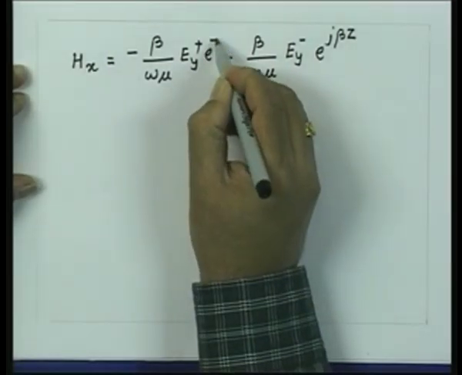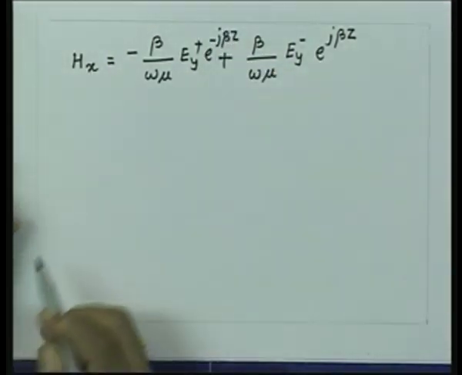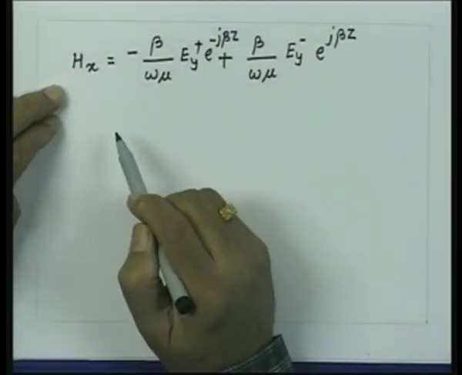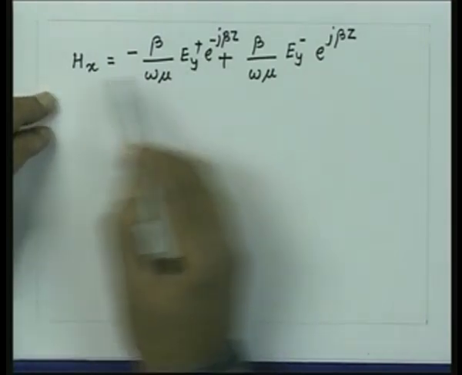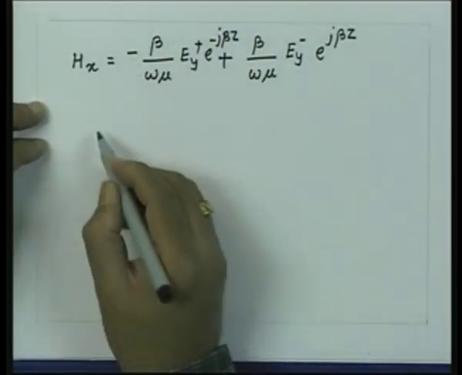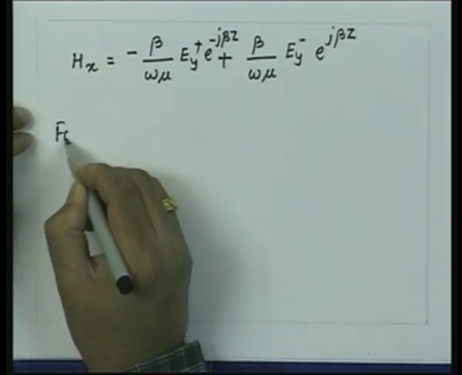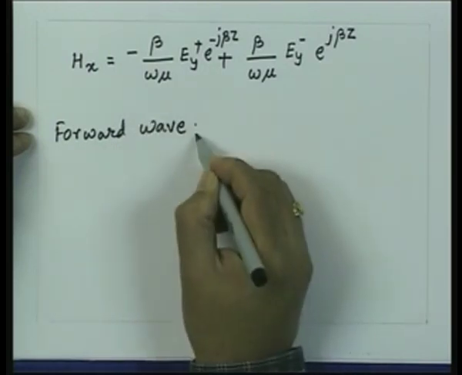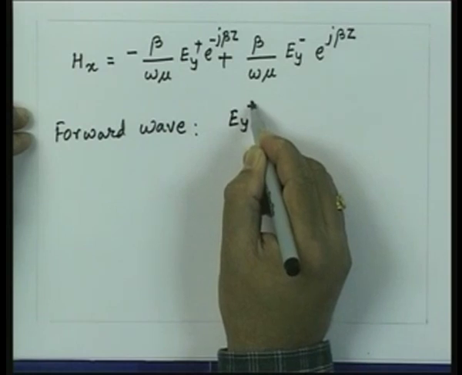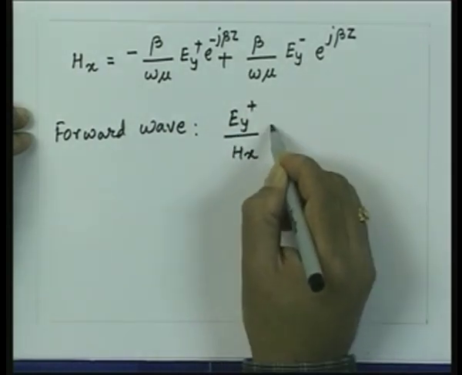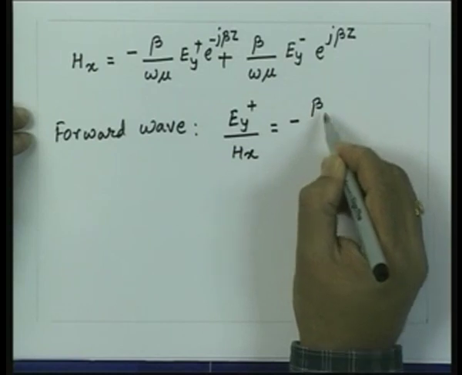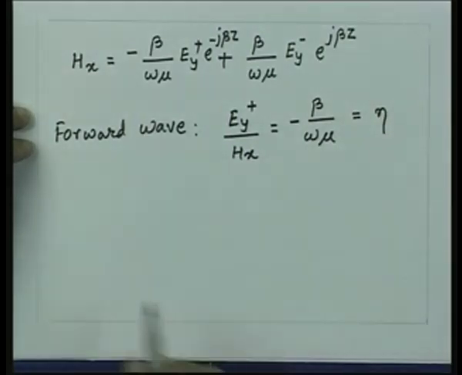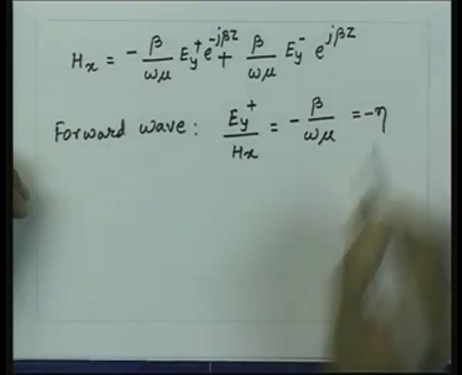This is the term e to the power minus j beta z. So, again I got the two travelling waves for the magnetic field x component also. And if I take a ratio of this as we have taken in the previous case for the two travelling waves, for the forward wave, I have Ey plus upon Hx, that is minus beta upon omega mu, which is nothing but the intrinsic impedance of the medium with negative sign.